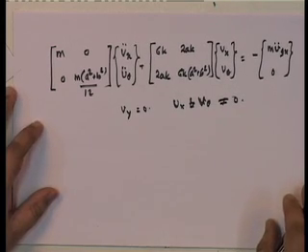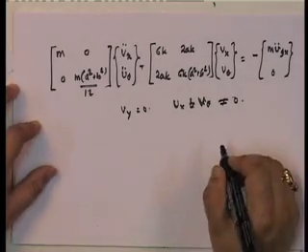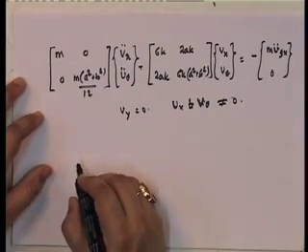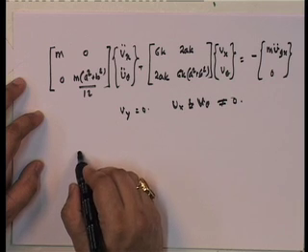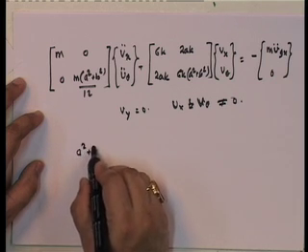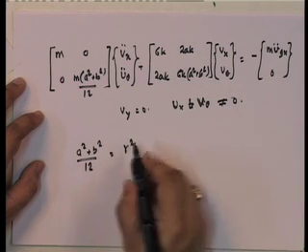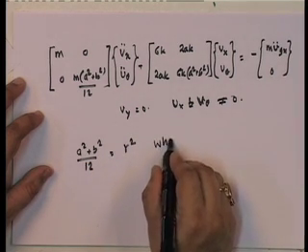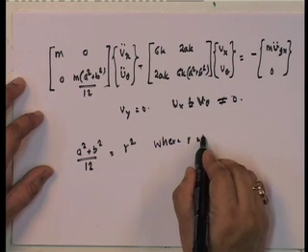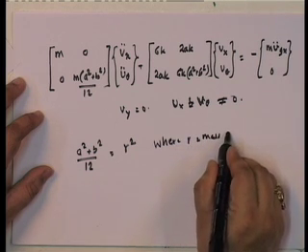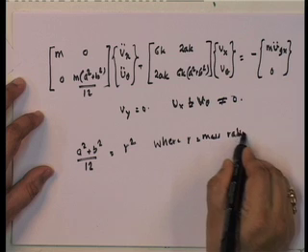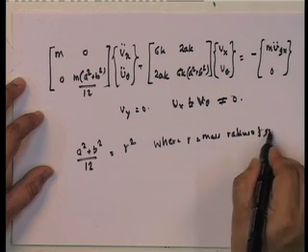Now I am going to define (a squared plus b squared) upon 12 as r squared, where r is the mass radius of gyration.